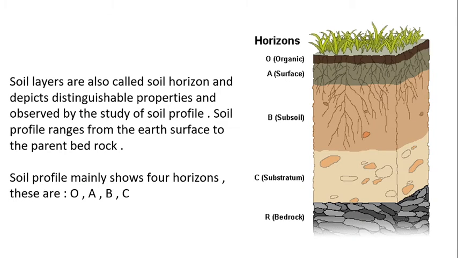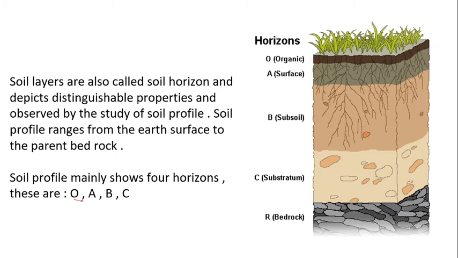Next is soil horizons or soil layers. Soil layers can be observed in a vertical soil section. This is also called a soil profile, and the soil profile mainly shows four horizons.